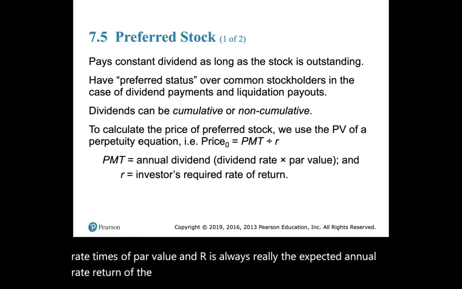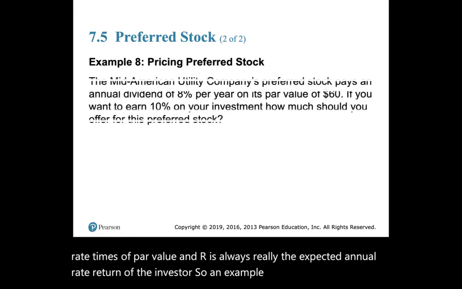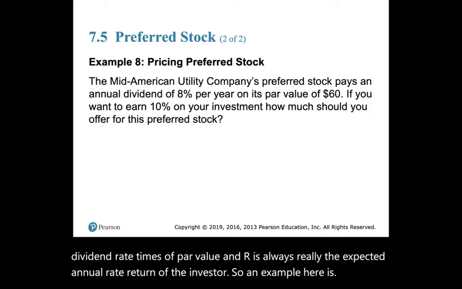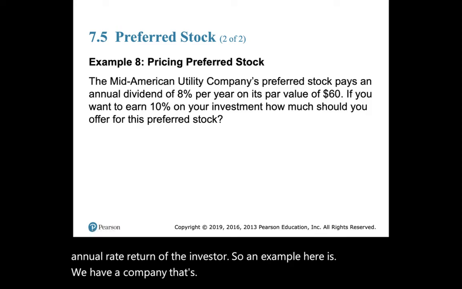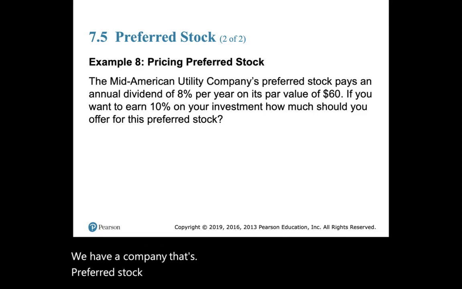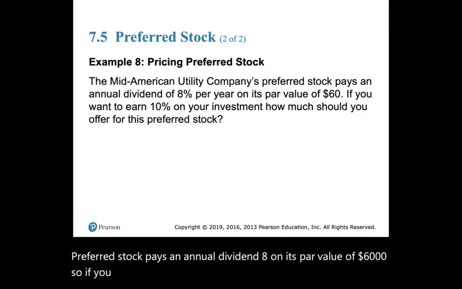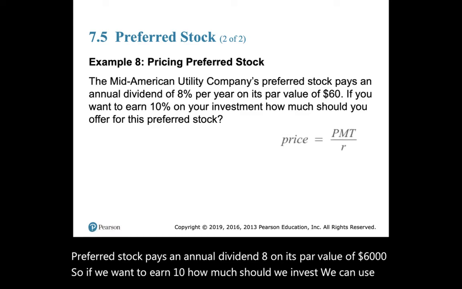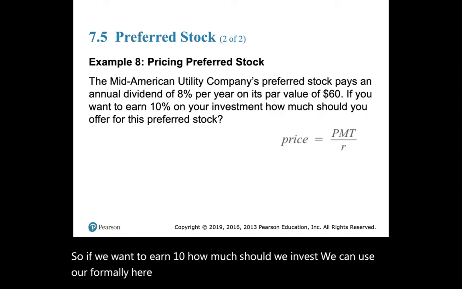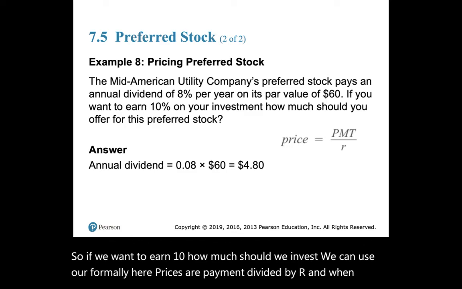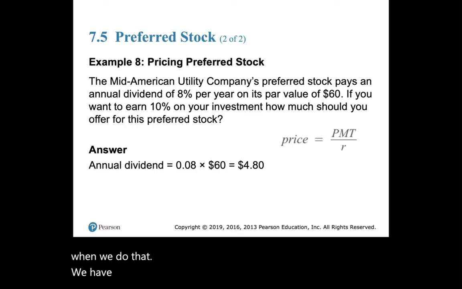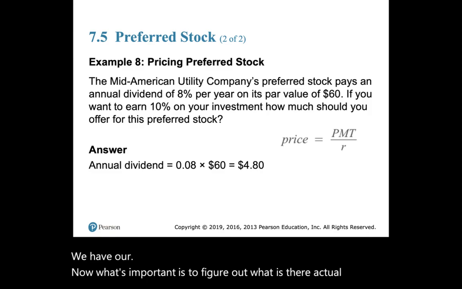Okay, so an example here is we have a company whose preferred stock pays an annual dividend of 8% on its par value of $60. So if we want to earn 10%, how much should we invest? Well, we can use our formula here. Price is our payment divided by R. Now, what's important is to figure out what is our actual dividend payment.